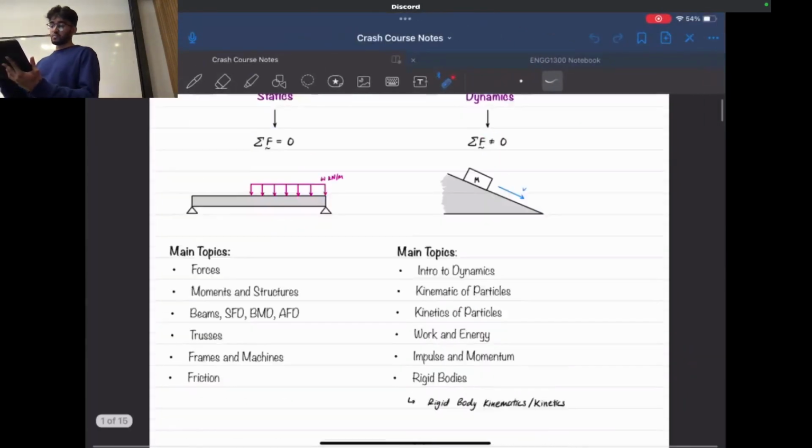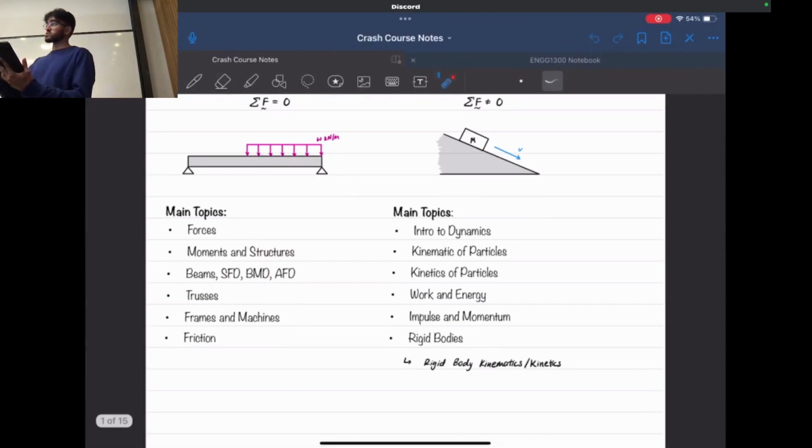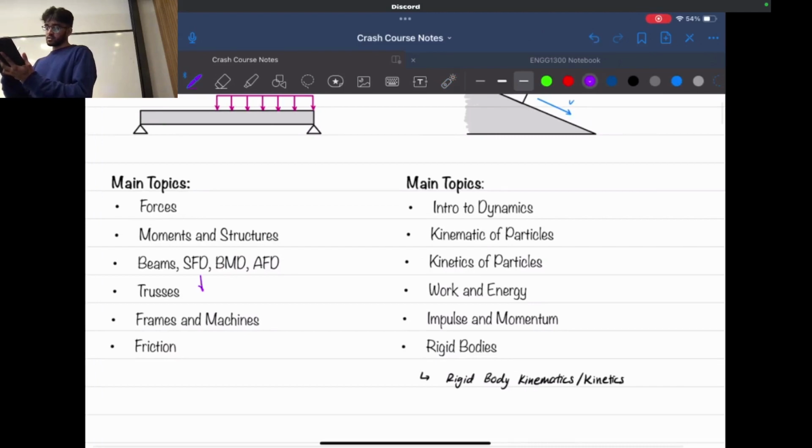Okay. So a few main topics that you guys are going to be looking at: forces, moments and structures, beams, SFD, BMD, AFD. So these each mean shear force diagram. This one is bending moment diagram.